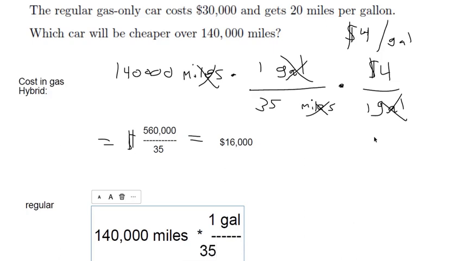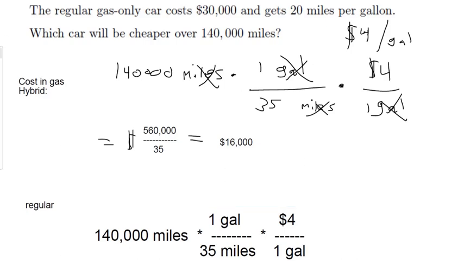For every 35 miles. And we multiply that by the $4 per gallon. Okay, then these units cross cancel, just like before.